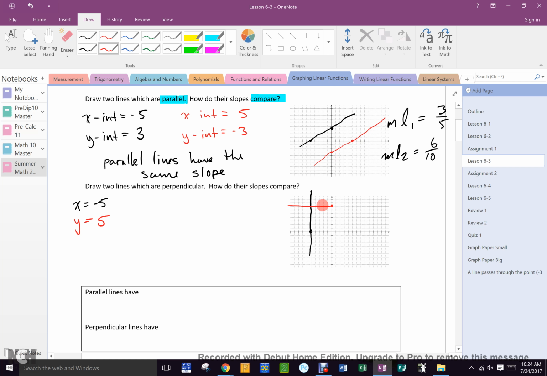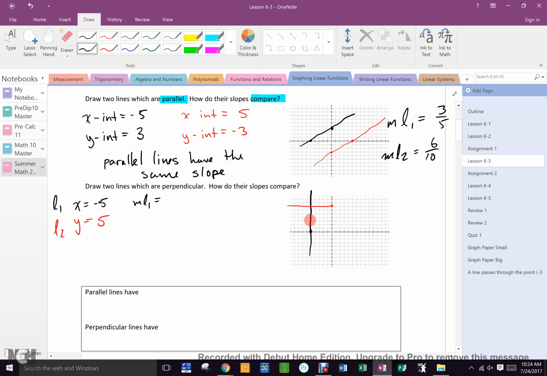Okay. What is the slope? I'm going to call this one line 1, and this one line 2. What is the slope of line 1? Slope is always rise over run. So what's the rise over run for line 1? How far does line 1 go up and down?